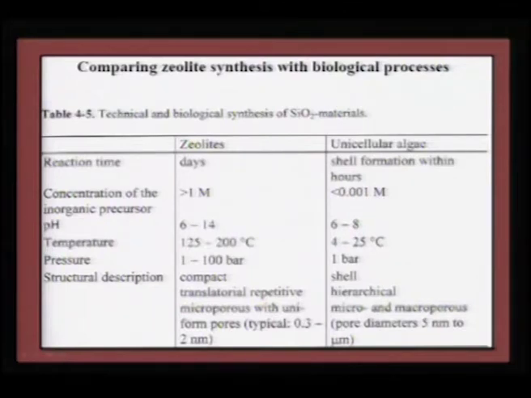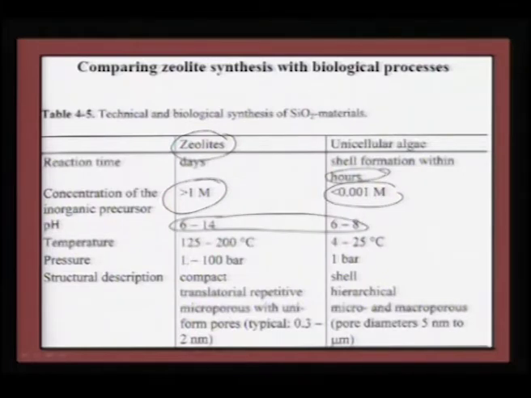For example, take the case of zeolites. It will take days if you are going to use the hydrothermal process, whereas this will just happen in a few hours. Inorganic precursor concentrations are high and the environment very harsh, whereas a very dilute concentration is enough biologically, and the pH conditions, although comparable, can now be achieved at room temperature; the same zeolites can be formed.